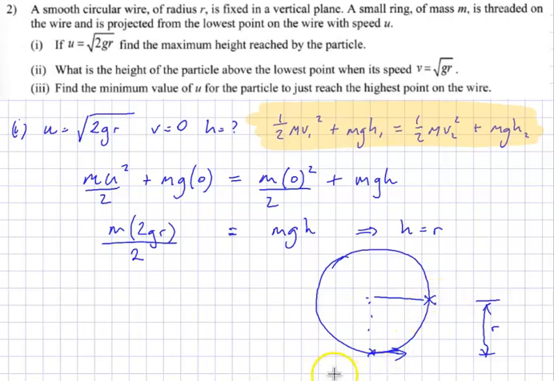It's going to oscillate either side if it starts off with that u at the bottom being equal to the square root of 2gr. Anything greater than that, it'll actually go above that point. It'll come up the sides here. Anything less than that, it'll just oscillate as a gentle pendulum.